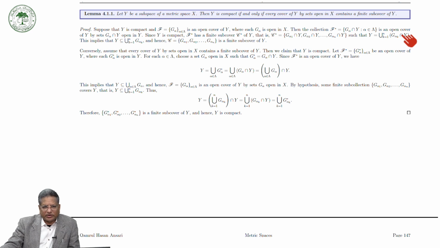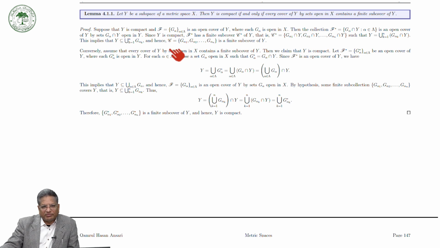This implies, because G_αk ∩ Y is a subset of G_αk, that Y is a subset of the union of the G_αk. It means that C = {G_α1, G_α2, ..., G_αn} is a finite subcover of Y.